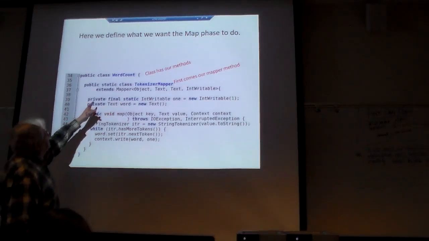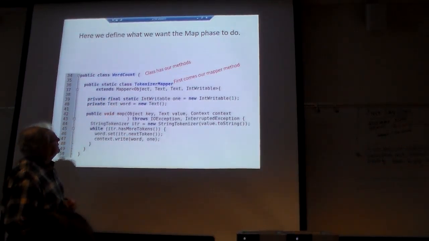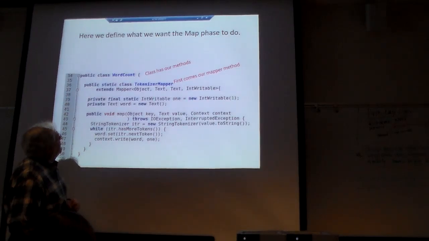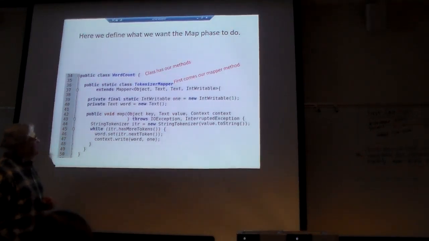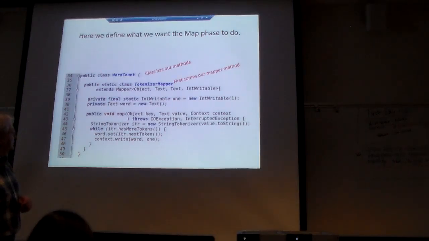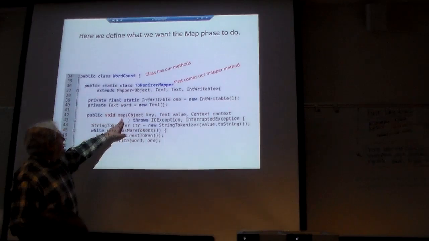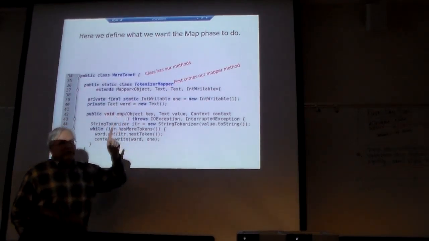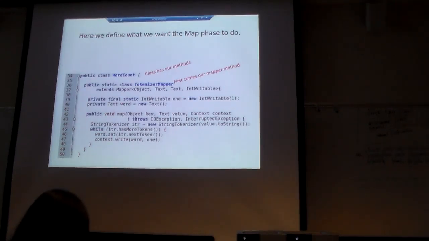And then it has this mapper guy, private static final IntWritable one, new IntWritable, private Text word, new Text, object. So this is interesting. This is map. This would be one of those Hadoop libraries that we just added using.